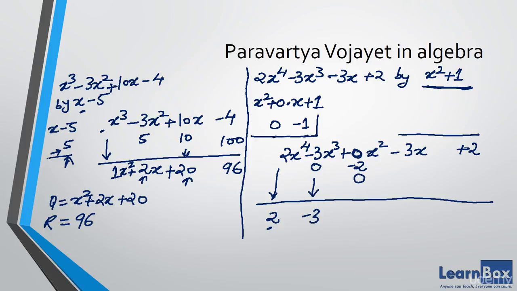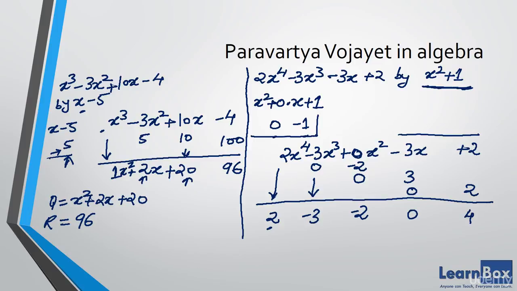Minus 2 into minus 1 is 2. Adding, this becomes 0. Now we'll multiply this again with 0 and minus 1, so 0, and this becomes 4.